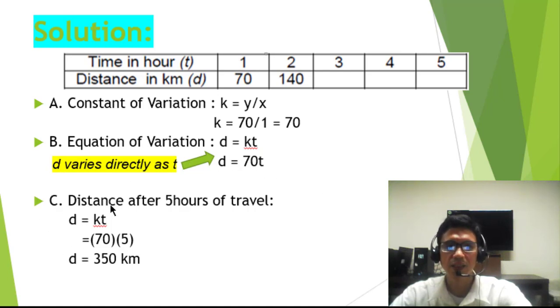And to find the distance after 5 hours of travel, we just simply copy the translated equation here. So 70 times 5 hours of travel, 5 hours is our time T. We multiply them, 70 times 5 will give us 350 kilometers as our distance traveled after 5 hours.